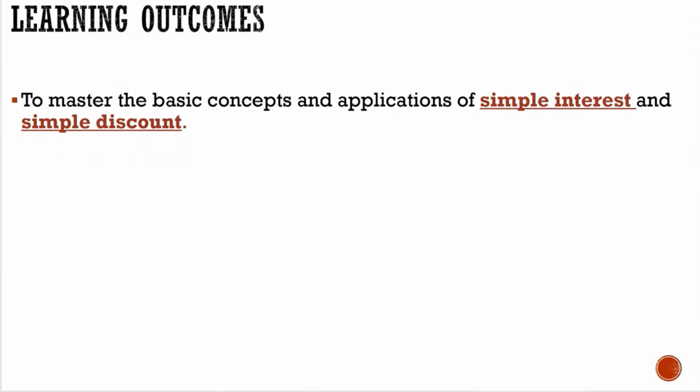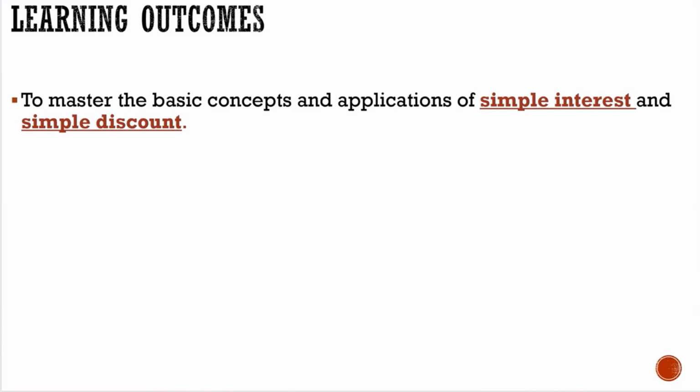It is the basic concepts and application of simple interest and simple discount. Next week, we are going to be combining these two with compound interest and get questions that combine all three aspects. But today, we're only looking at the two.